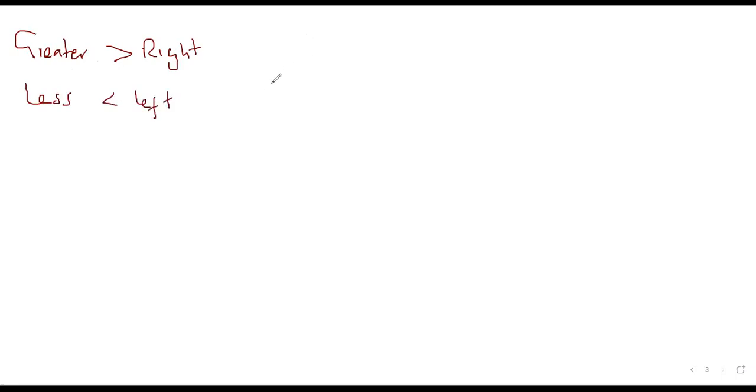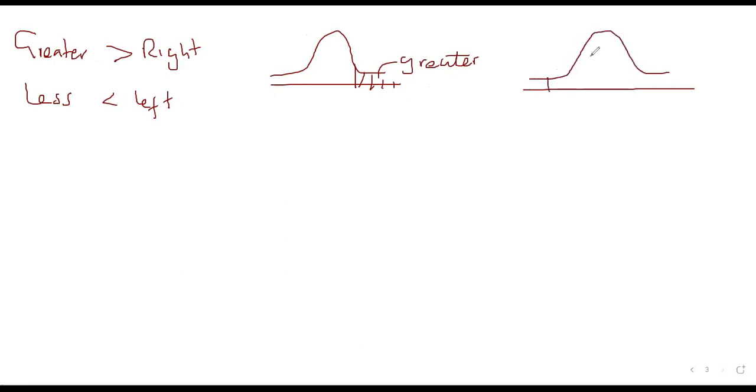Diagrams that look with a greater parameter are these ones here. So this is greater. This is also greater, except that this greater is more than 50%.